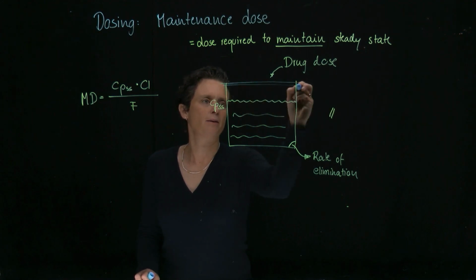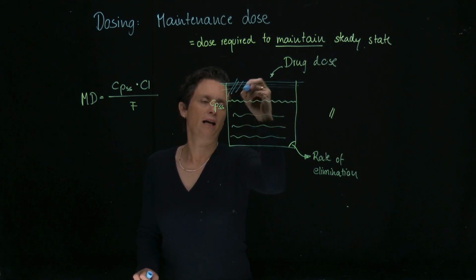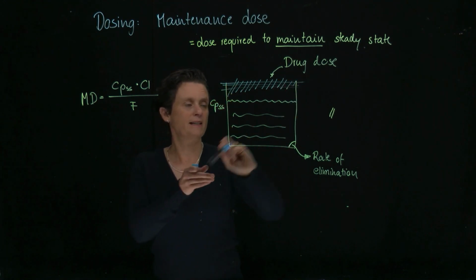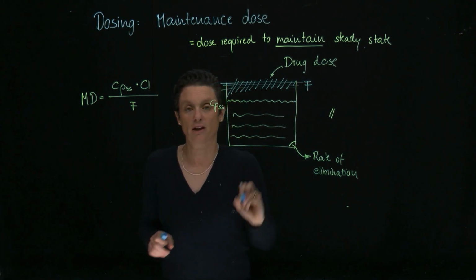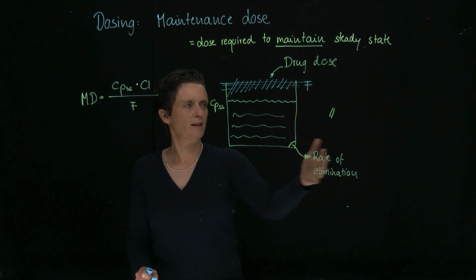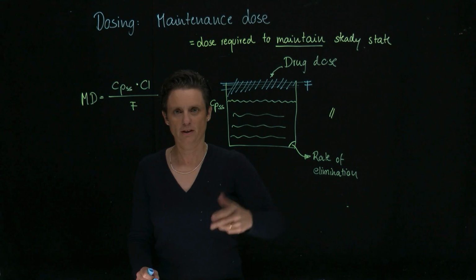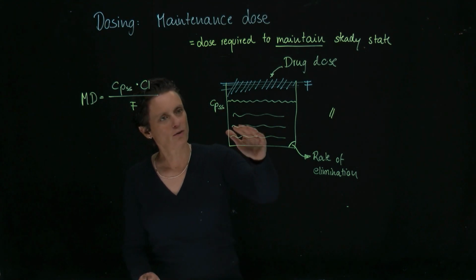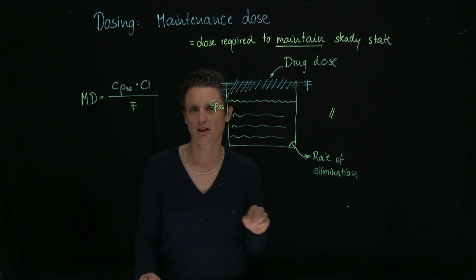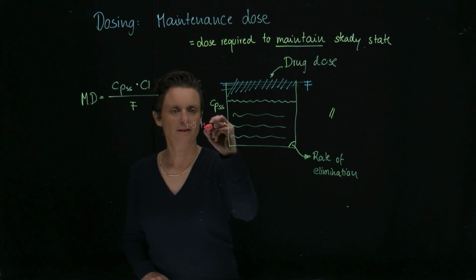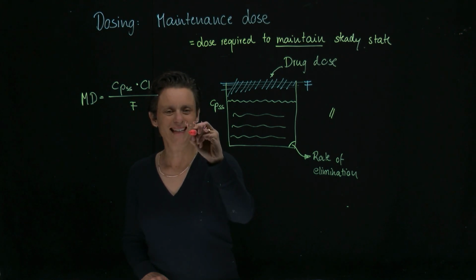So we can think about it like putting a filter above and say, well, that's our bioavailability. Not everything will make it. But at steady state, the rate of elimination needs to equal the drug dose that we put in. And I also want to mention, how long will it take to reach steady state? Well, it's going to take 4 or 5 half-lives to reach steady state.